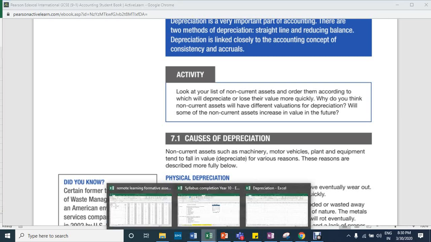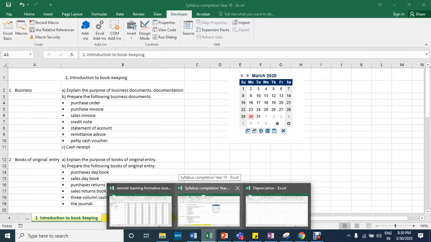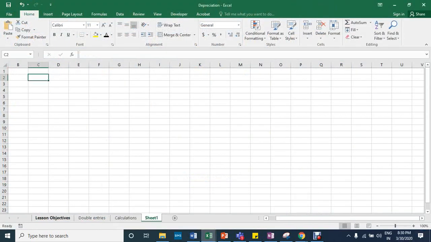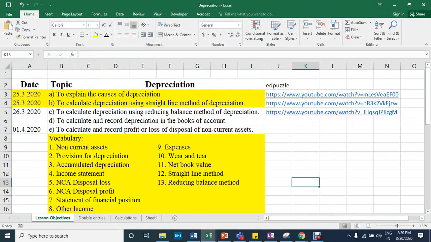When you're starting your work in your notebook, or you can use this Excel sheet which I had created for you and shared in Google Classroom, as well as I had shared it in Microsoft Teams in Class Notebook.